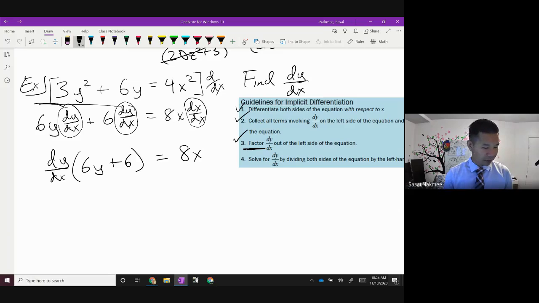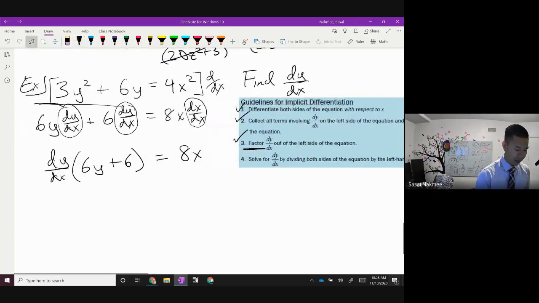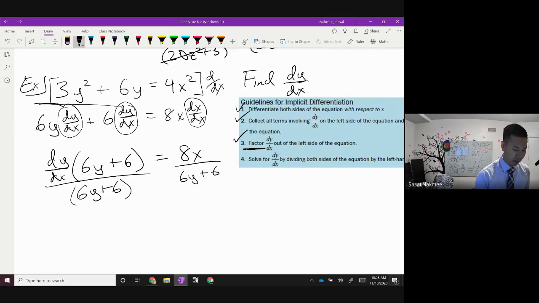Step 4, divide both sides of the equation by the left-hand factor that does not contain dy/dx, which is this 6y plus 6 part. I'm going to divide both sides like so. And I end up with dy/dx is equal to 8x over 6y plus 6.